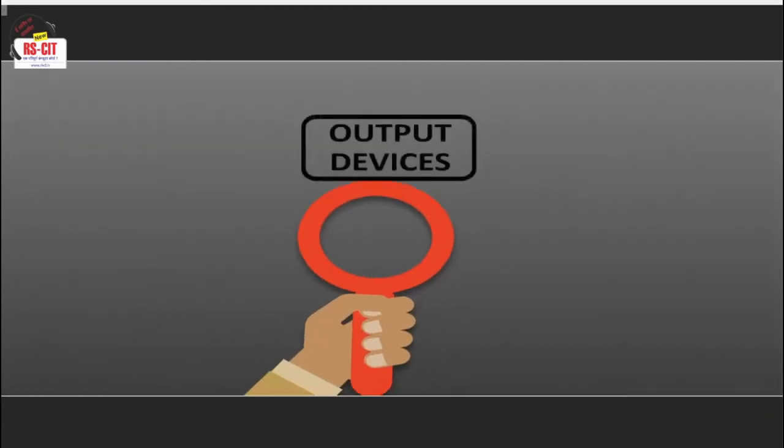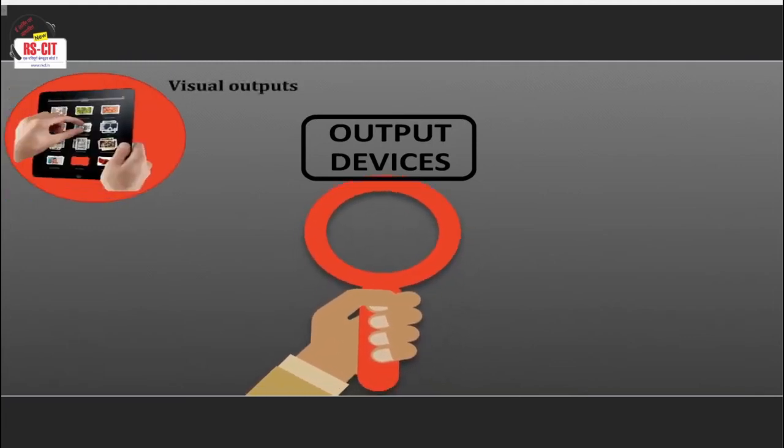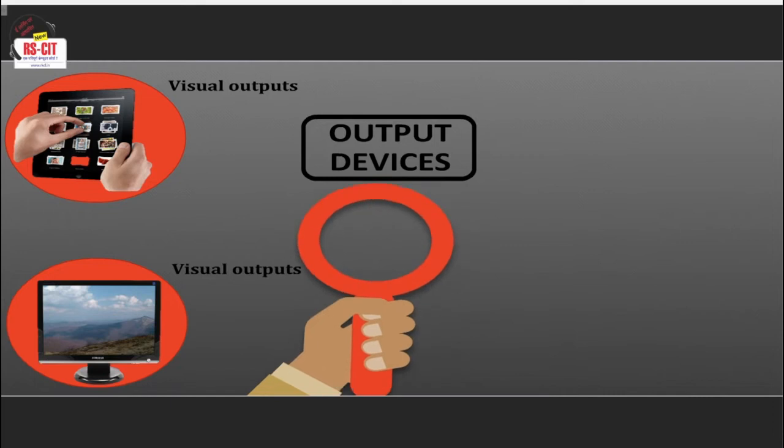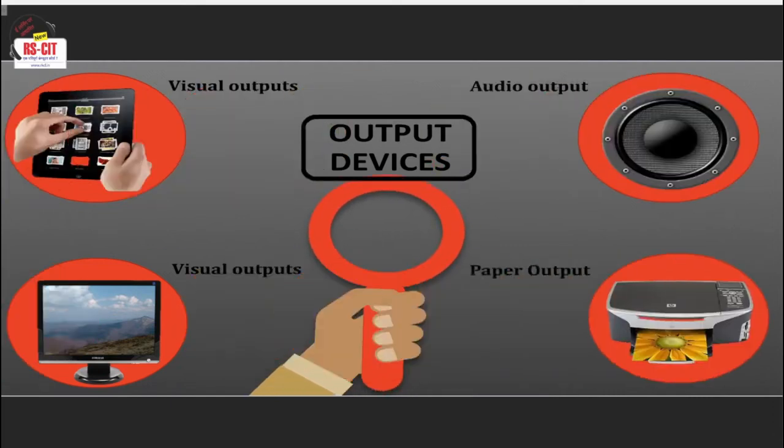Let's come to output devices now. Output can be described as any computer-generated information displayed on screen, printed on paper or in machine-readable form, such as disk and tape. Output devices are peripheral devices that enable us to view or hear the computer's processed data.